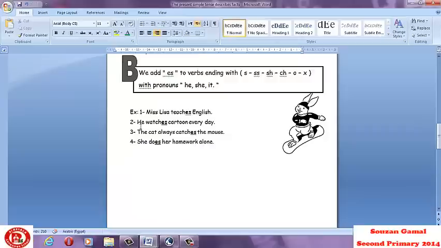Now, number 2. He watches cartoon every day. Okay, because you have at the end of the verb watch, you have ch, okay? Now, number 3. The cat always catches the mouse, okay? She does her homework alone because you have o at the end of the verb, okay?